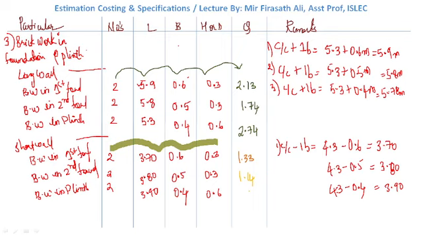Similarly, 2 into 3.90 into 0.4 into 0.6, the value will be 1.87.